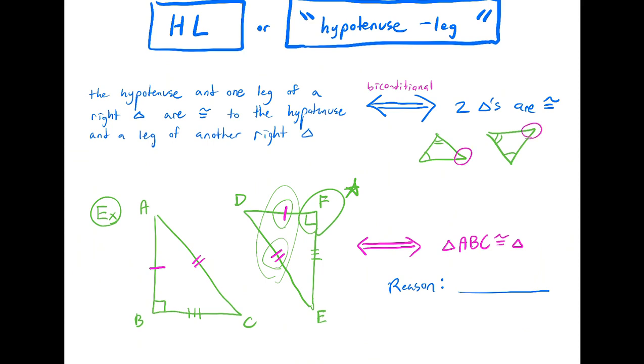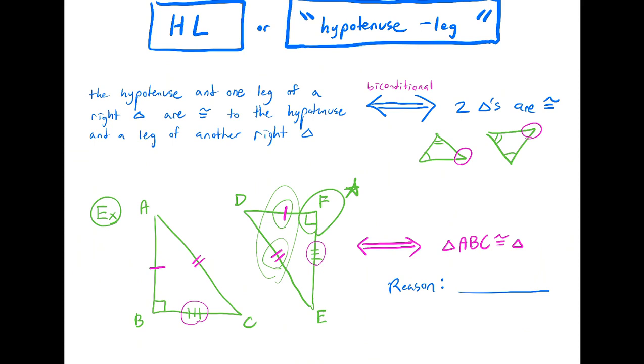Well, we have an algebraic relationship in the right triangles, which is the Pythagorean theorem. So we can say algebraically that third side must be the same. So we could even call that the third side theorem in a right triangle, but we don't need to. We'll just call it hypotenuse-leg.